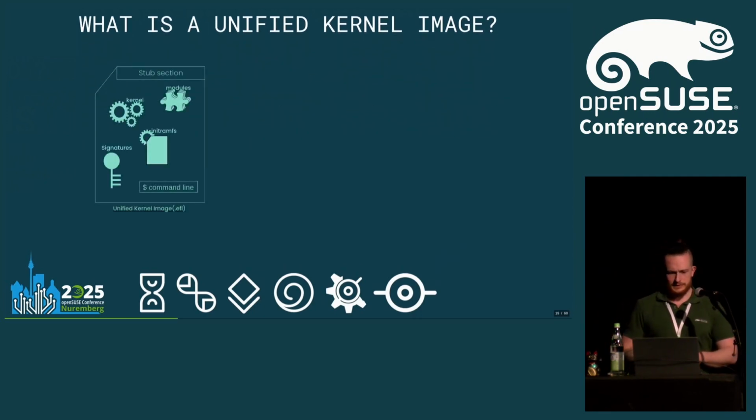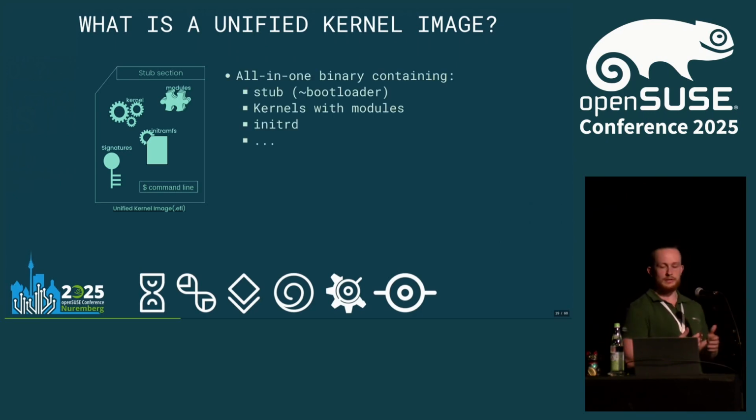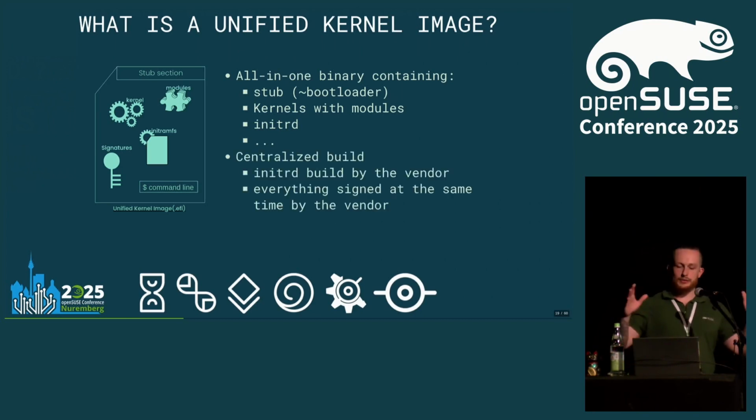So what is it? The UKI, or Unified Kernel Image, is an all-in-one binary that contains everything needed to boot. It will first have stub sections that act like a bootloader, then the kernel with all its modules, the initramfs, the kernel command line, and other stuff. It allows centralizing the heavy build.